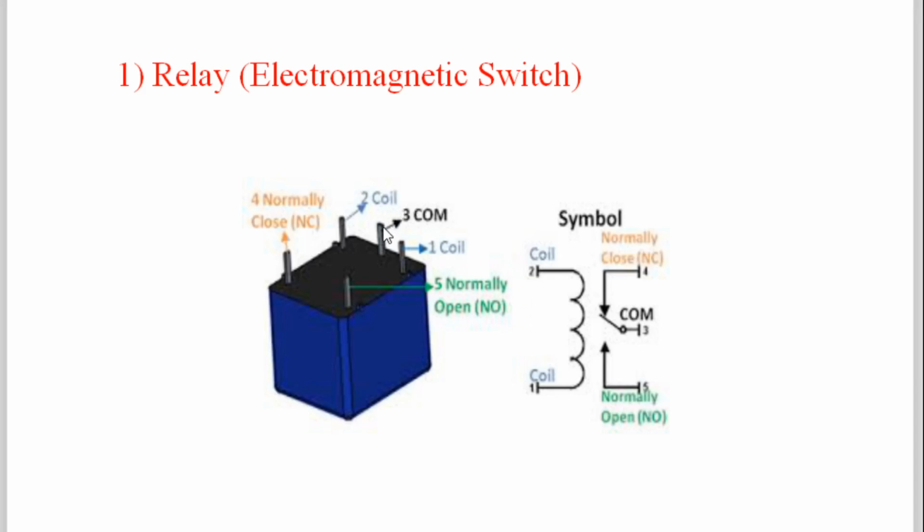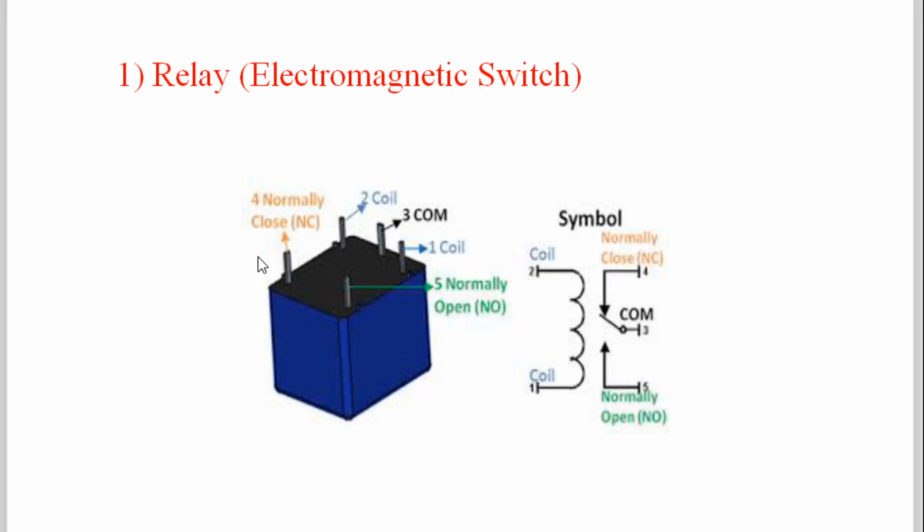And this center terminal is called your common terminal, and that is also called as pole. Then out of these 2 terminals, one of them is normally closed and one of them is normally open.